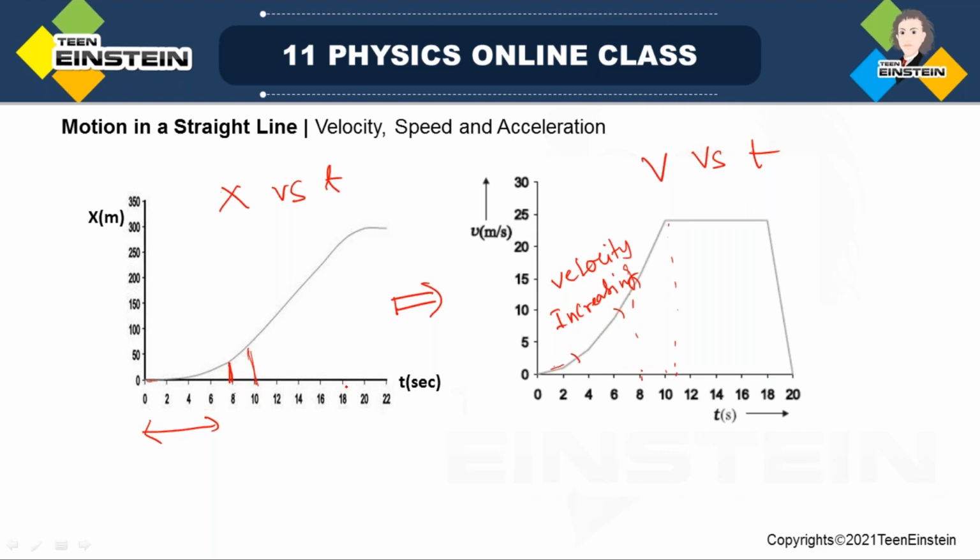And look at this, after 10 till 18, it has uniform motion. Uniform motion means it has constant velocity. So that's why till 18, or maybe you can think till 20, it is constant velocity.